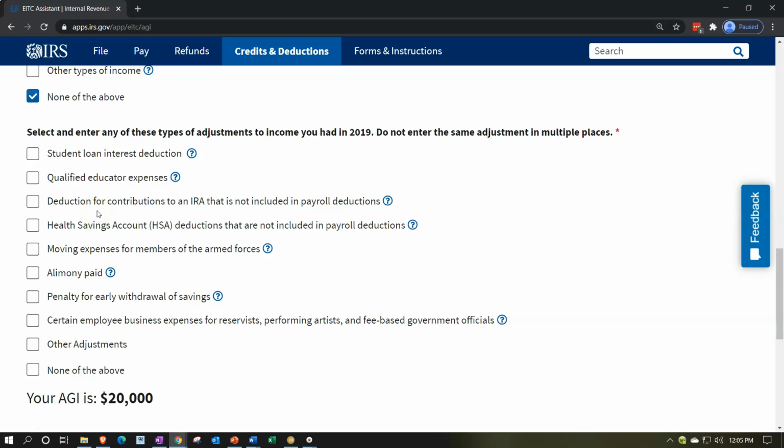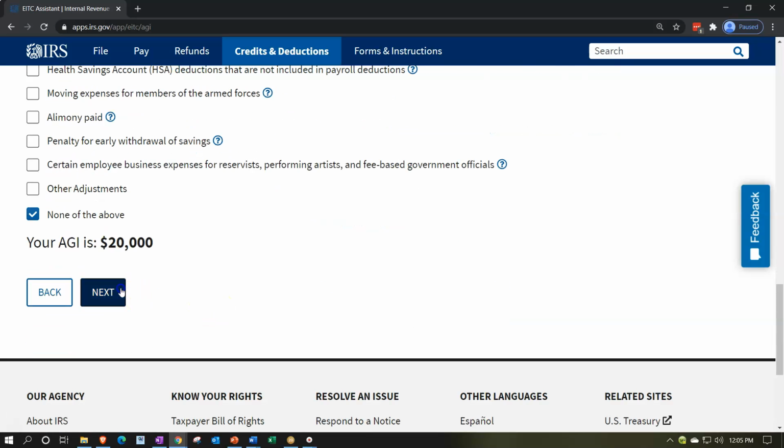These are things that we saw on Schedule 1, Part 2 in essence. The above the line deductions: health savings account, moving expenses, alimony paid, penalty for early withdrawal, certain employee business expenses, and other adjustments. I'm going to say none of those. We don't have any of those. And then that's it. So I'm going to say next.